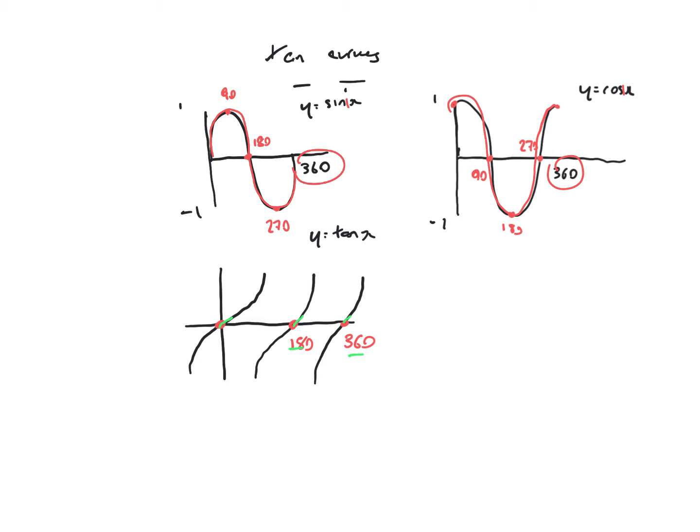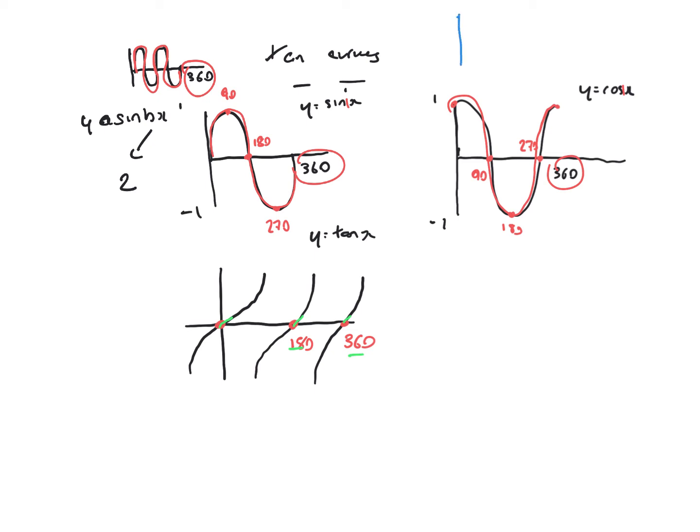Now remember that if we have, for example, two curves in 360, then for y equals sine bx, b is the number of curves in 360, which would be 2, because we can count 1 and 2 in 360.